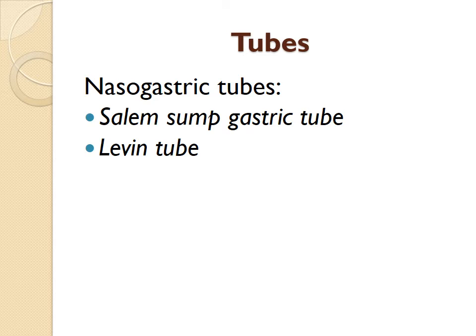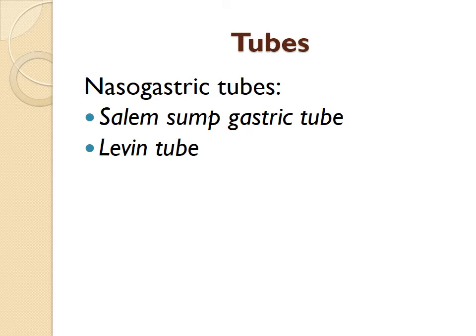Now, as I said, there are 2 lumens with the Salem Sump, and that's necessary because they are placed to decompress or to remove contents. The first lumen, which is the clear port, will drain the contents.